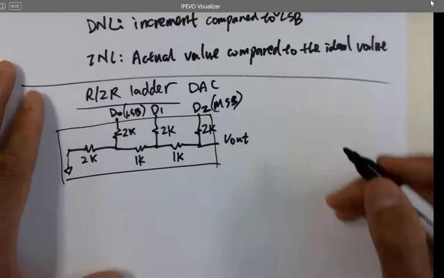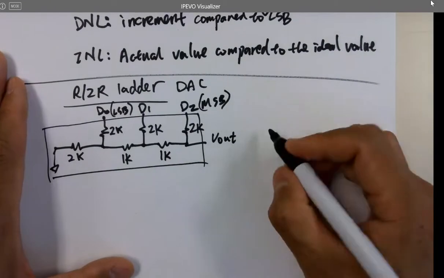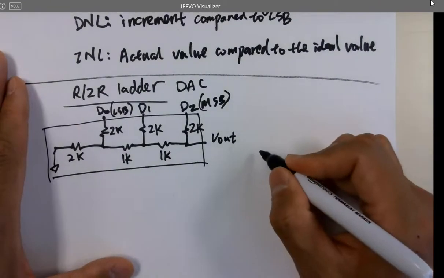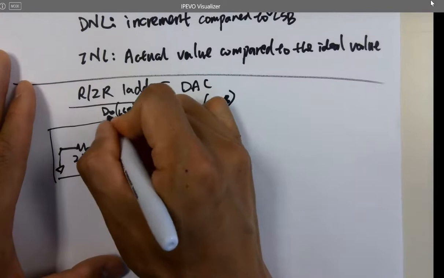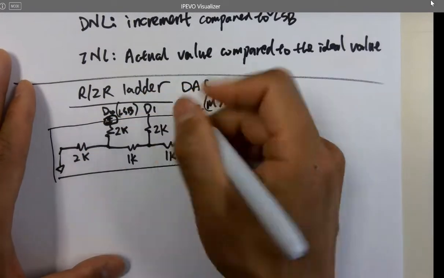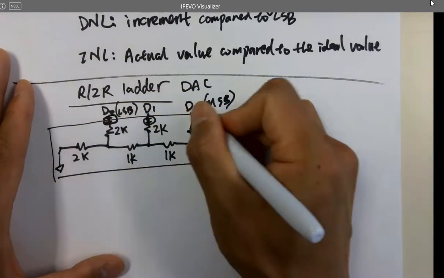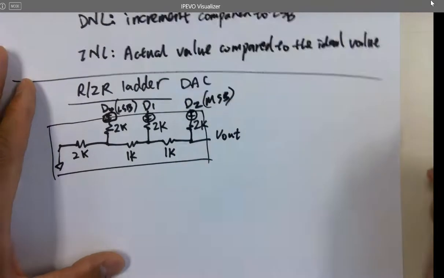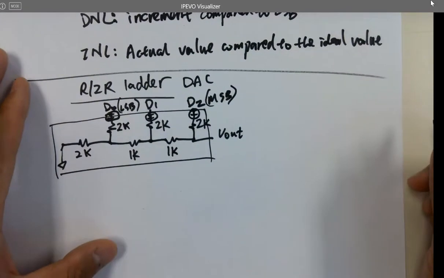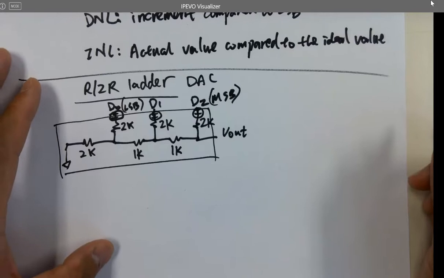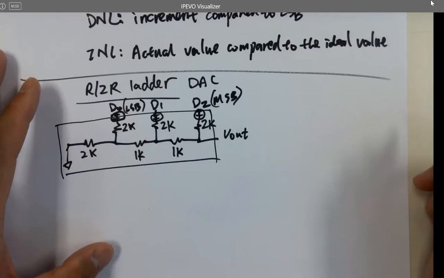If I replace them with voltage sources, it becomes a voltage source, a voltage source, a voltage source. I can put 5 volts there, I can put 0 volts here.